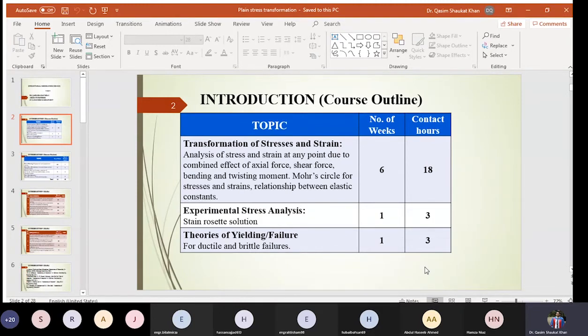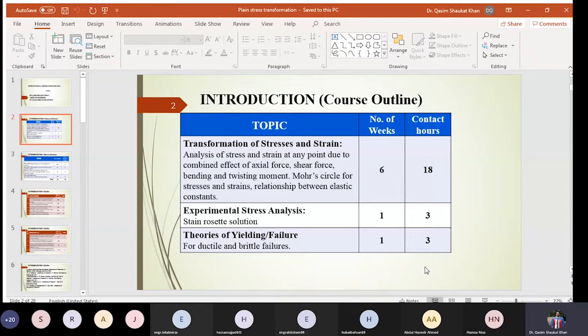So in both chapters, in the first half, we will derive the equations to compute the stresses. Okay? And then in the second half, we will study the Mohr circle, a graphical solution which will give us the same quantities which we had found earlier using the equations.